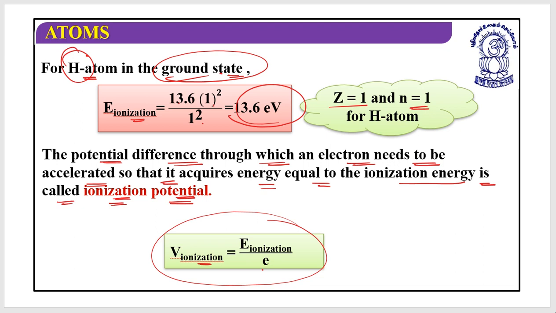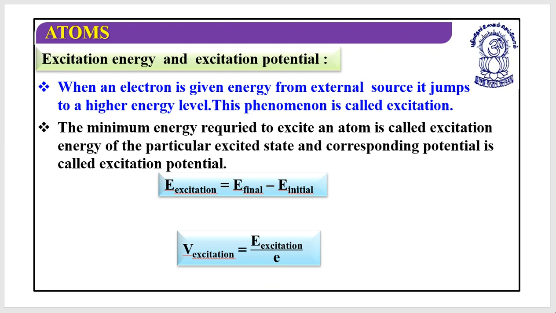Now let's look at the second, excitation energy and excitation potential. So what is excitation energy? When an electron is given energy from an external source, it jumps to a higher energy level, and this phenomenon is known as excitation.